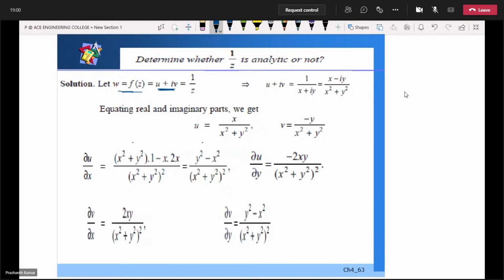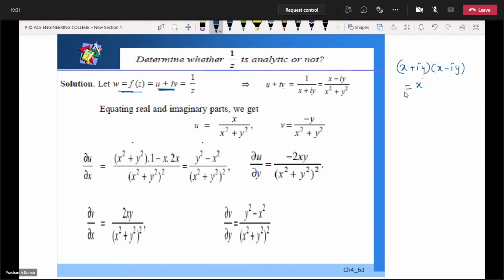u plus iv is our 1 by z. This is given. So therefore what I am writing here, u plus iv is equal to 1 by z is equal to 1 by x plus iy. Now you rationalize both sides, numerator and denominator, with x minus iy. You will get x minus iy over x plus iy into x minus iy.